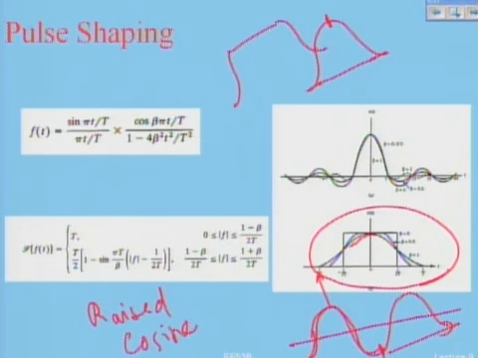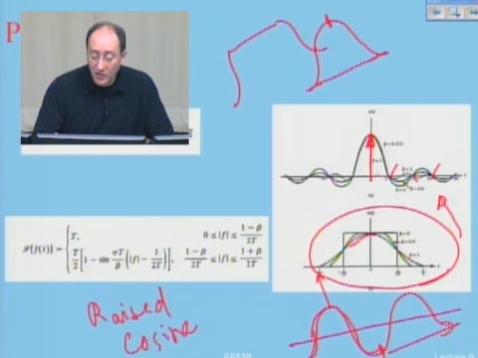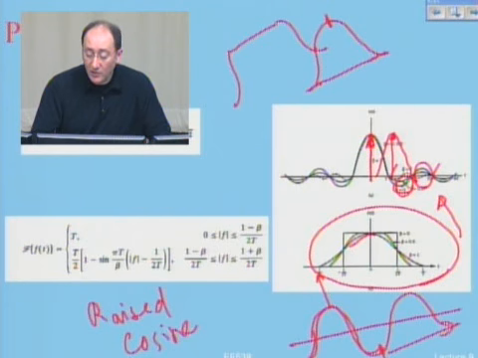What is good about these pulses is that it can be shown that in the time domain, they always have zero crossings at T, 2T, 3T, 4T, 5T, etc. So if I send this pulse, at the receiver, if I have good sampling time here, then the next pulse which comes, I sample it here. So the effect of the side lobes is zero. Okay, that's the advantage of raised cosine pulses.